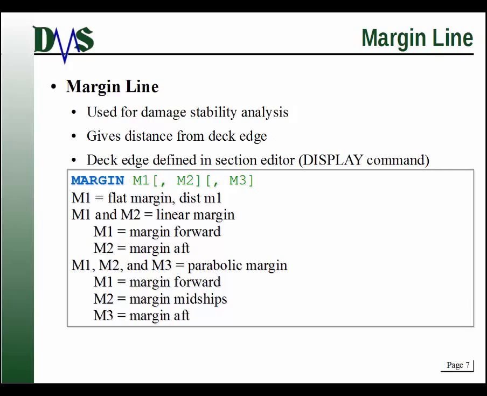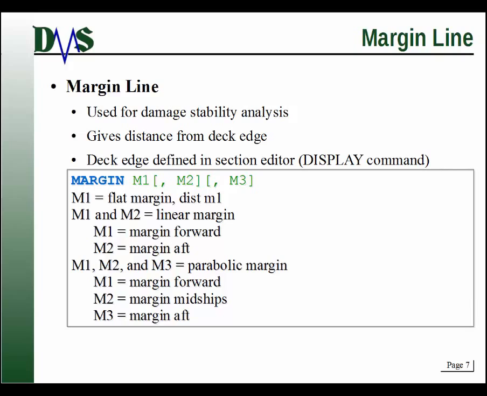Okay, another useful thing is the margin line. This is something that you can define in hull items only. And the margin line is used for damage stability analysis. The margin line gives the distance from the deck edge to the water line. Excuse me, I misspoke.